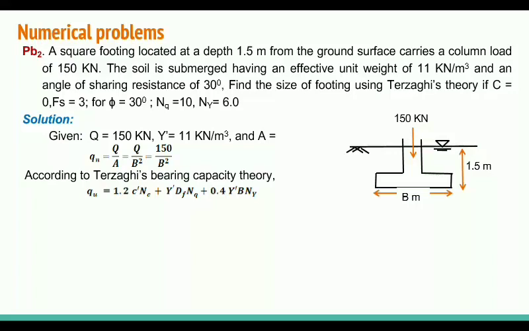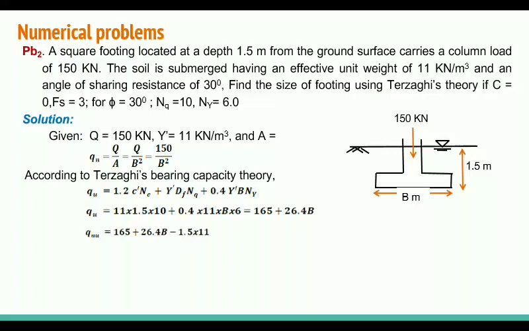Putting C equal to 0, the first expression is nullified. For the second expression, in this question the effective unit weight is given. The soil is submerged, so it is given as gamma dash, the submerged unit weight of soil. Depth of foundation is 1.5, Nq for 30 degree is 10. In the third term, 0.4 into gamma dash 11, into B which is unknown, and Nγ is 6. So we can write the ultimate bearing capacity in terms of B.